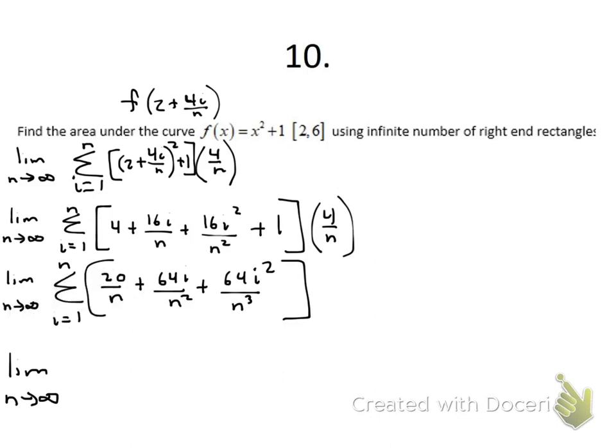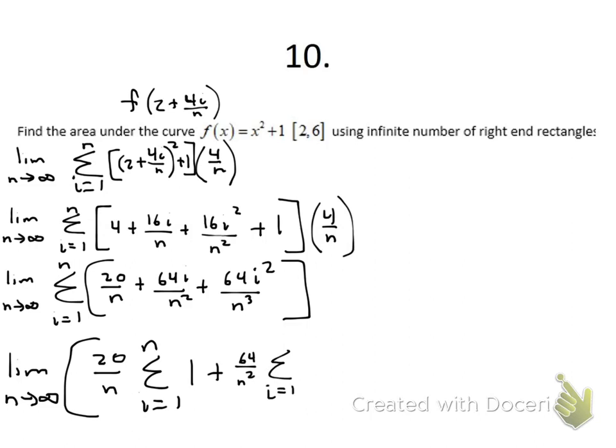So 20 over n is a constant, so I'm going to put 20 over n sigma from i equals 1 to n of just 1, because that's all that's left, plus, what am I going to put out in front? 64 over n squared sigma from i equals 1 to n of what now? i, plus 64 over n cubed sigma i equals 1 to n.